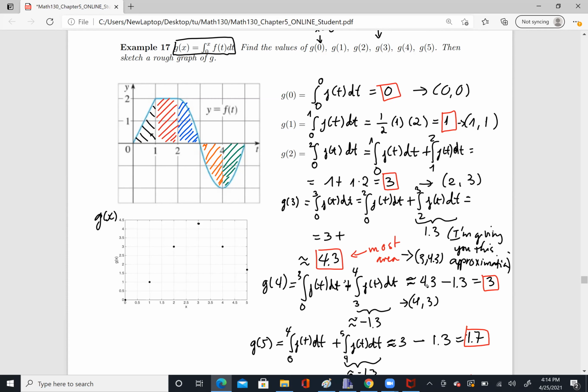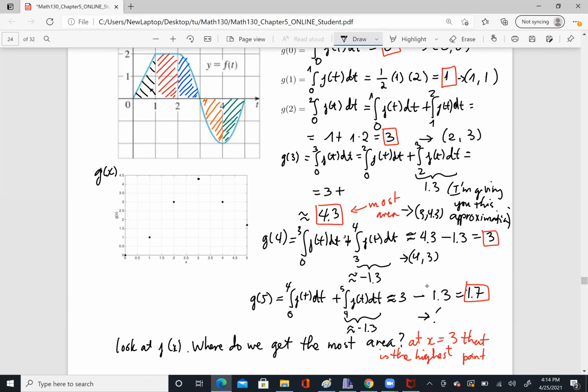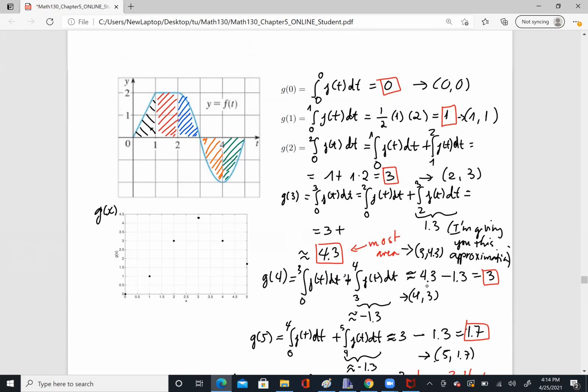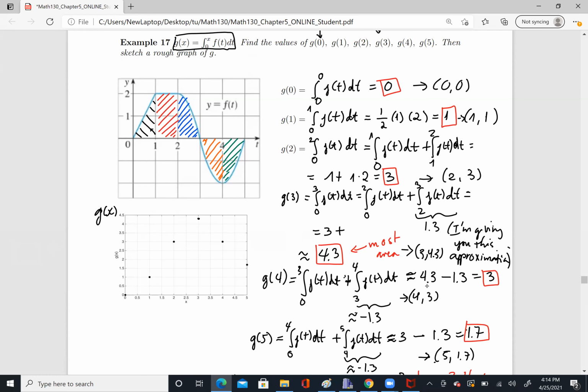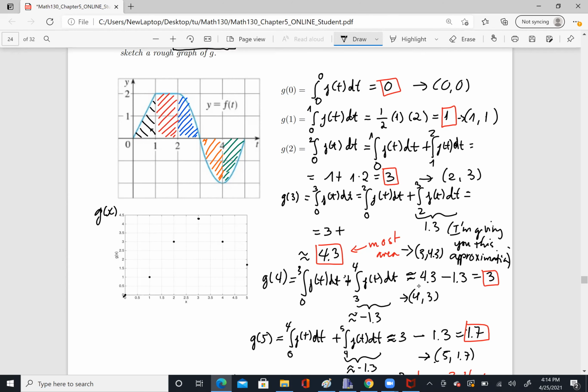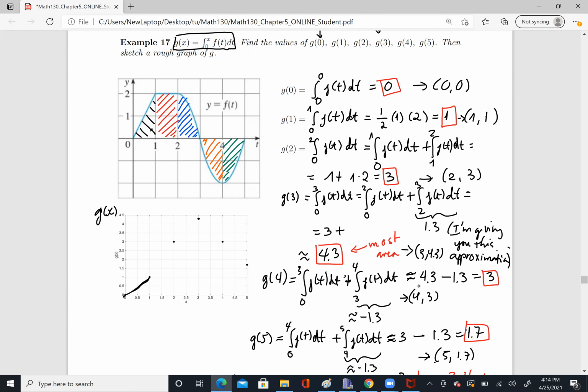And similarly, I have 5 and 1.7. So 0, 0 and 1, 1 over here. See that? I'm going to just try to connect it.